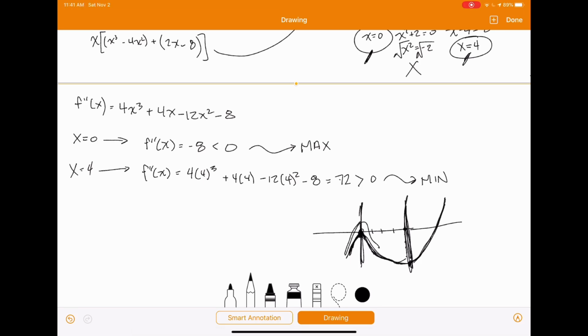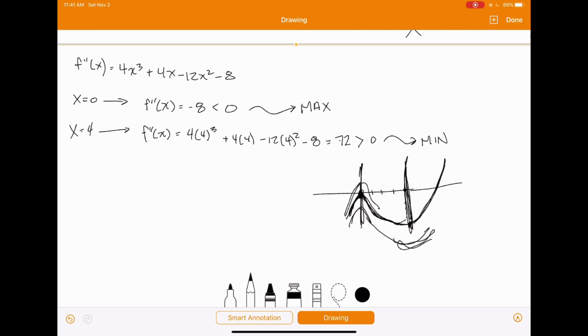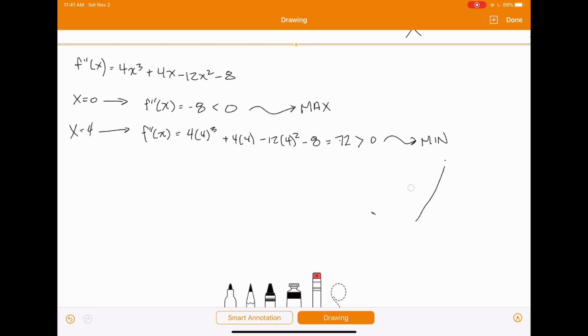It could be up here, it could be down here, just as long as it stays consistent. You can figure out where it'll cross the x-axis if you plug 0 in for y into the original equation. So if you ever need to graph something, that would be how you find your inflection points and if they're mins or maxes.